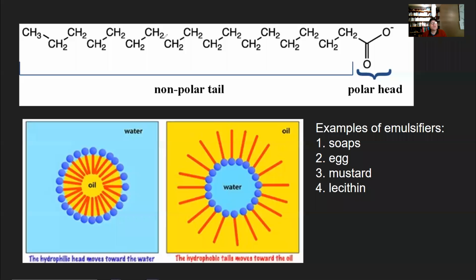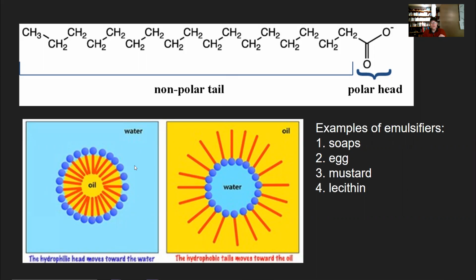These are called emulsifiers. Now those emulsifiers have, again, a polar head, which is hydrophilic, which means that it's attracted to water, and then the long non-polar tail is called hydrophobic, where it's not attracted to the water. So the way that you would get oil droplets to be suspended into water is by using an emulsifier.